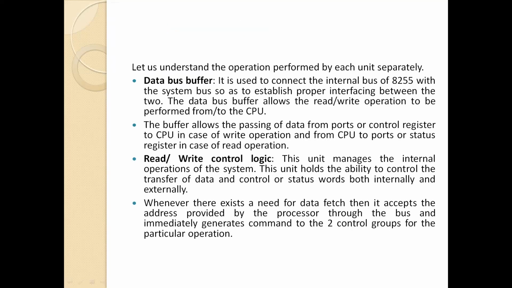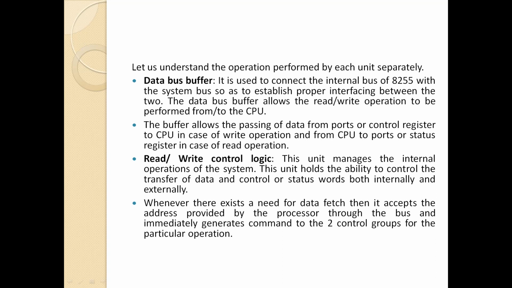Now let's understand the operation of each unit separately. There is a data bus buffer block. It is used to connect the internal bus of the 8255 with the system bus so as to establish proper interfacing between the two. This data bus buffer allows read and write operations to be performed from or to the CPU, to the input-output ports.